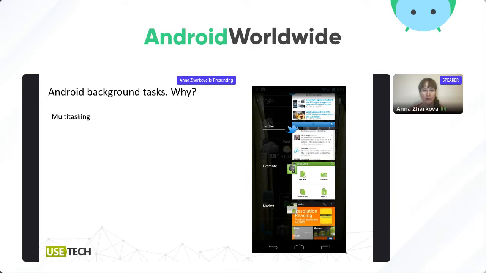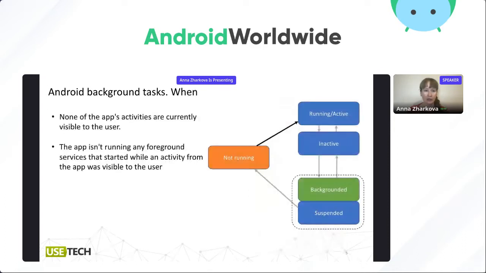So there is multitasking. And when we switch from one application to another, the next application becomes active and comes to the foreground, and the last application we used goes to the background state. And it works just like this.